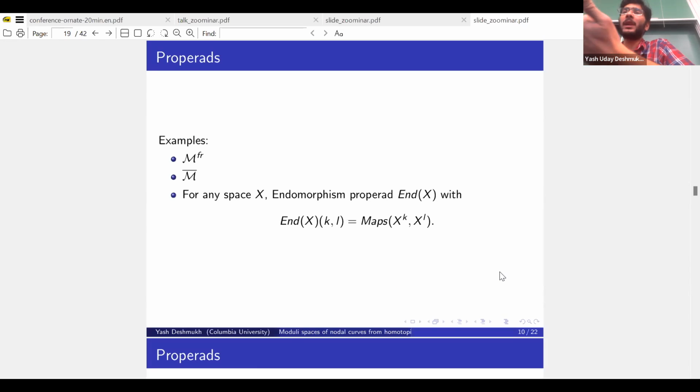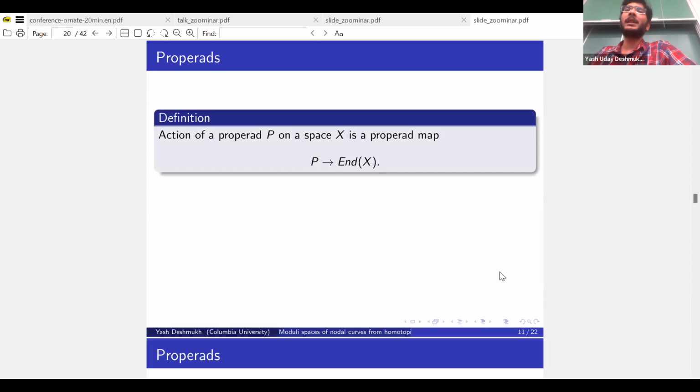Finally, for any space, you can construct an endomorphism properad. The endomorphism properad, the operations with k inputs and l outputs, is basically all maps from the kth power of X to the lth power of X, and you have composition defined in a straightforward manner. Why we are interested in properads is basically actions of these properads.